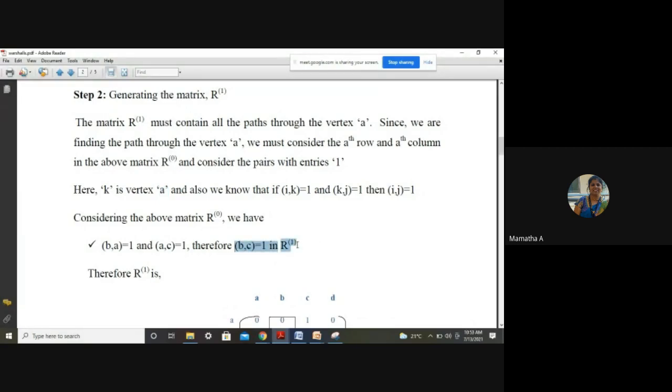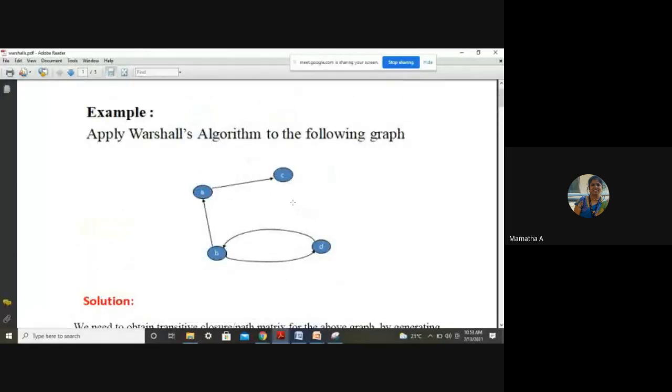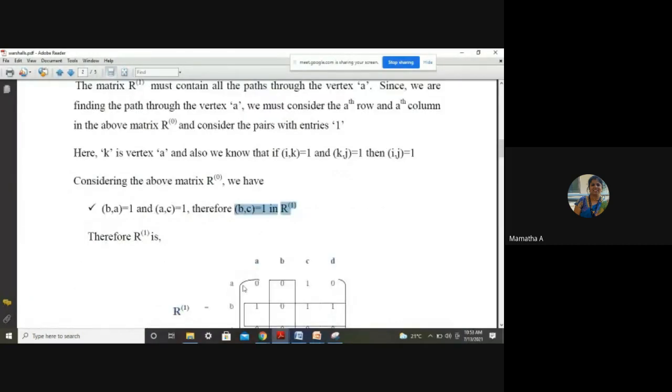Are you understanding? Similarly, to generate R2, you have to use R1. And R2 means the second vertex. So in the graph, which is your second vertex? B, the second vertex. That is only your Kth vertex. Hope you are all understanding. So in R1, which row and which column should you consider?